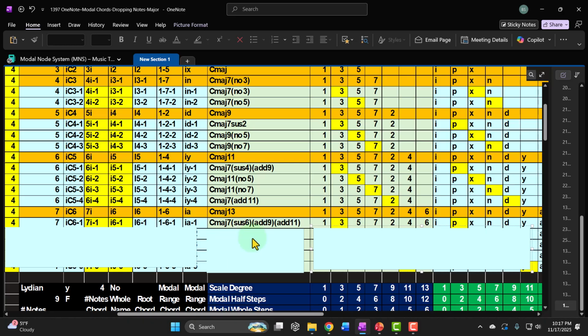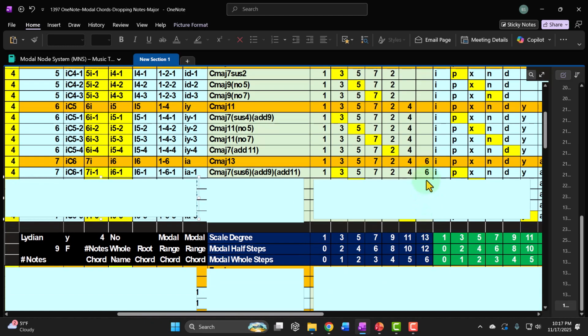Again, that's ugly. You could argue that you could name it other ways, but the problem is, no matter how you name it, it's not uniform how you do it, right? So I'd rather just call it a 7 Ionian -1 or an I6 -1, meaning you're going 6 modal whole steps up to the end, which is 12 modal half steps, 13th scale degree, and then drop the one that's 1 modal whole step up, which would be the 2nd modal half step, 3rd scale degree.